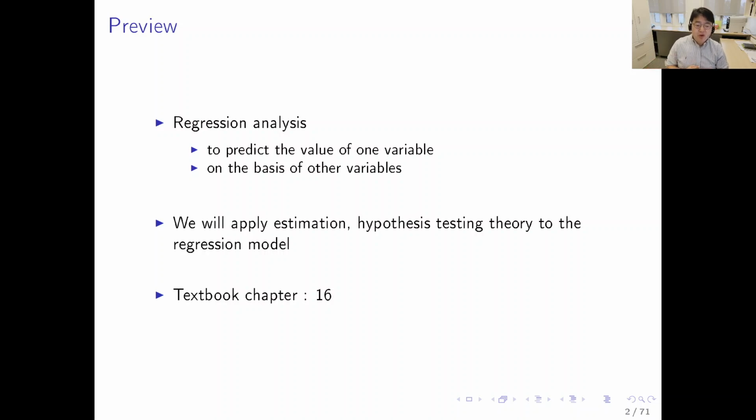To do that, we have to understand all the methods we learned up to here, like estimation and hypothesis testing, as they are applied to the regression model. We are going to learn the very basic regression model in this chapter. Of course, there are a lot of variations of the regression model used in practice, but this is just a very basic regression model.